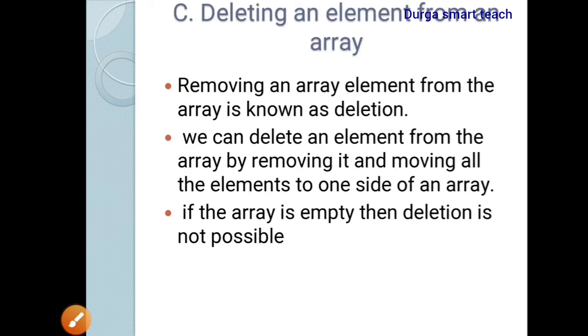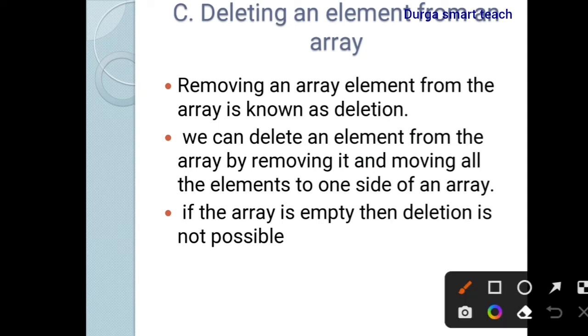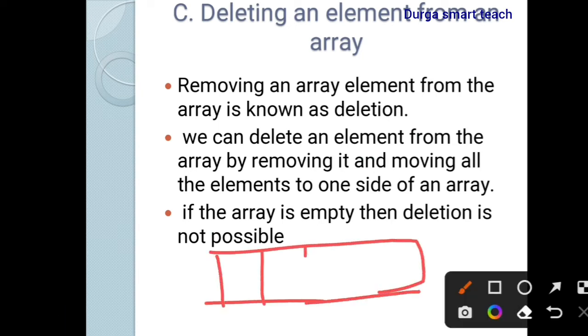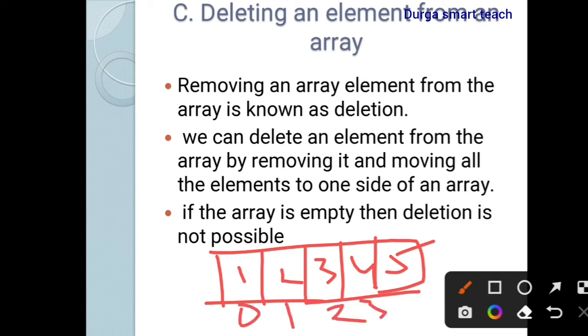Next, deleting an element from an array. Removing an element from the array is known as deletion. Suppose the array contains 5 elements: 1, 2, 3, 4, 5, with indexes 0, 1, 2, 3, 4.